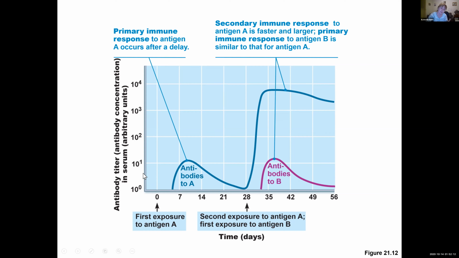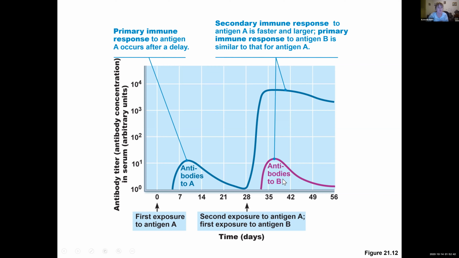This is in units, how many of these antibodies you have, and then their level declines. But when you are exposed a second time, you see how rapid this response is. In just a couple of days, like 2 days, you already produce way more antibodies, and the level of antibodies in the blood stays pretty high for a long time.